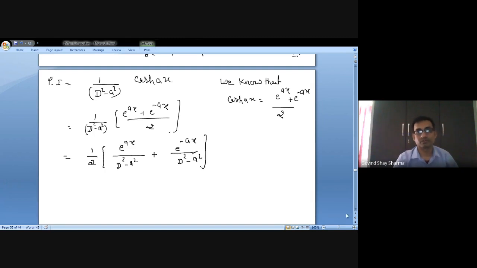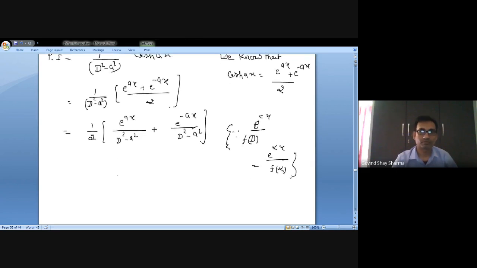Here we see when 1 upon f(d) of e to the power alpha x is equal to e to the power alpha x upon f(alpha), but f(alpha) should not be 0.